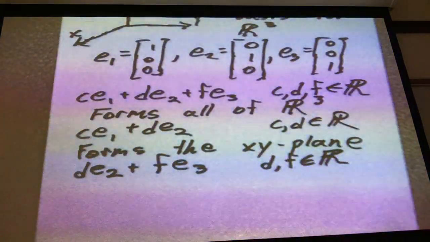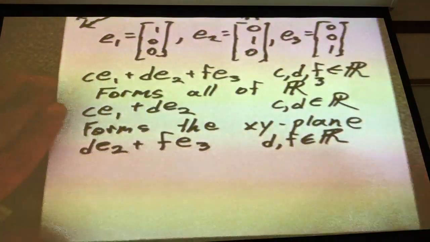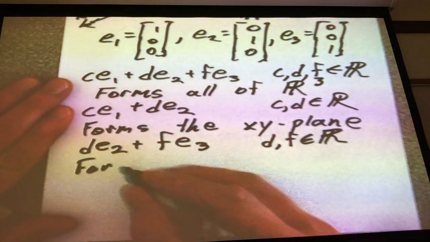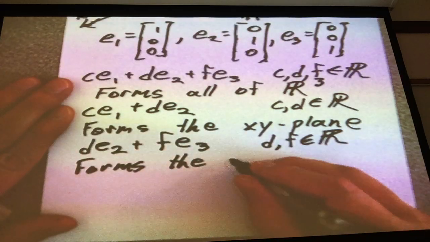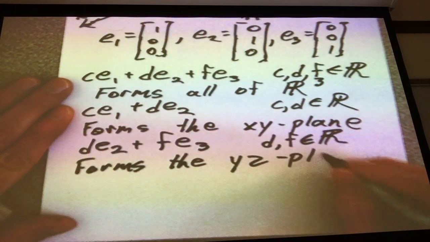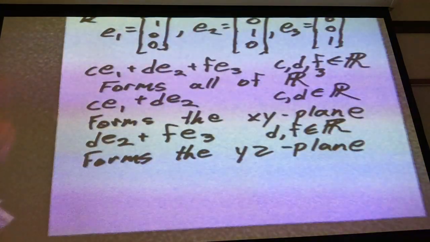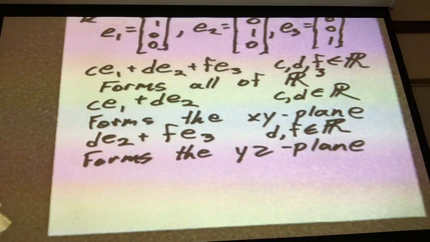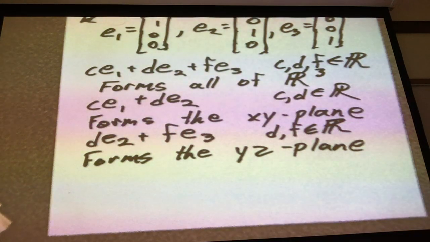So what is that going to do? That's going to form the YZ plane. Yep.